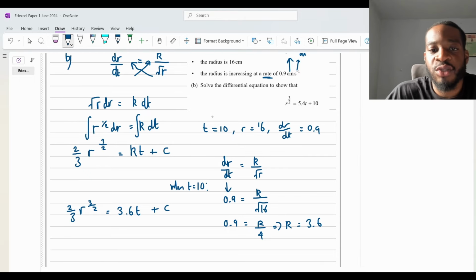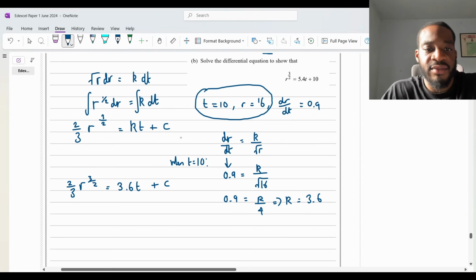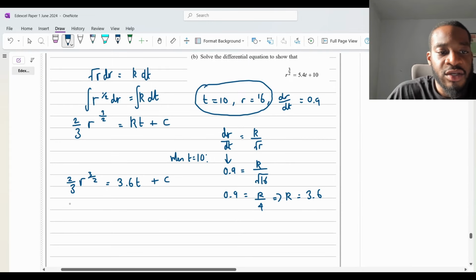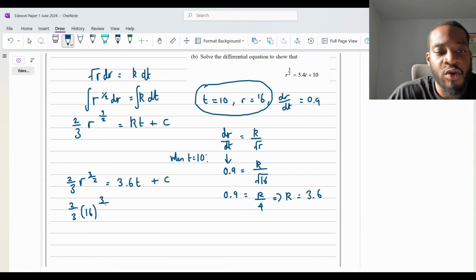Now I need to figure out what the constant of integration is. How do I do that? Just by using the initial conditions. When t equals 10, r is equal to 16. So doing that is going to be 2/3 times 16 to the 3 over 2 is equal to 3.6 times 10 plus c, isn't it? I'll get my calculator.